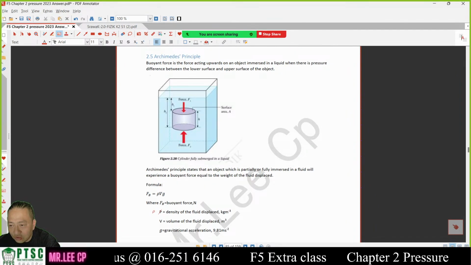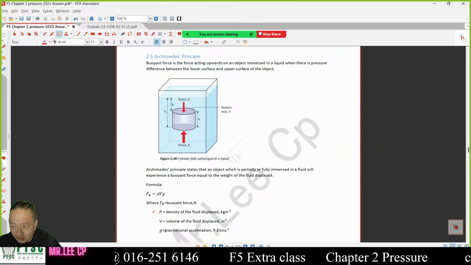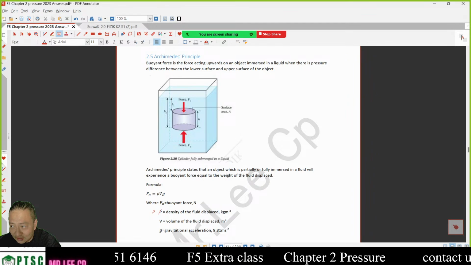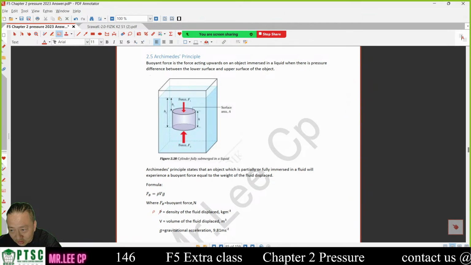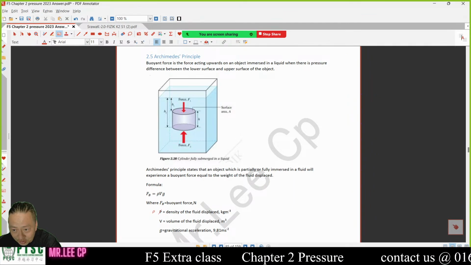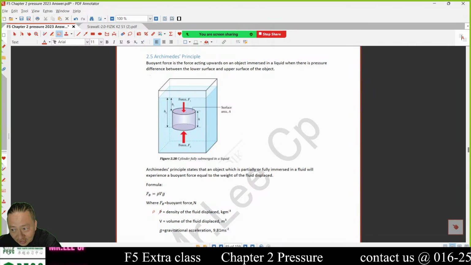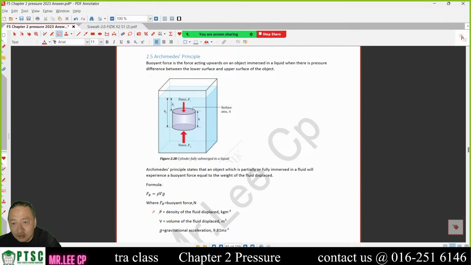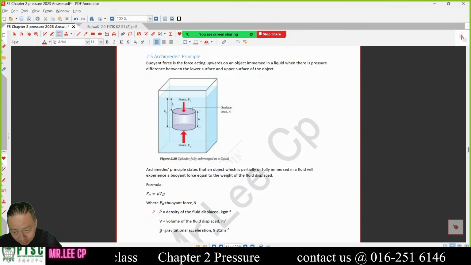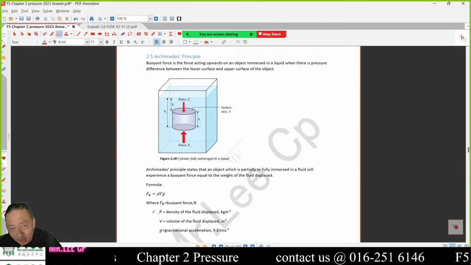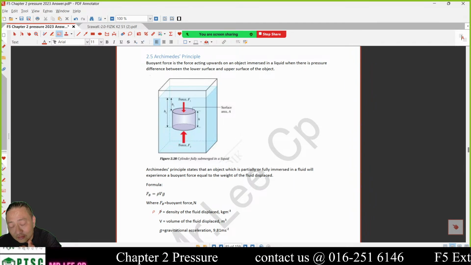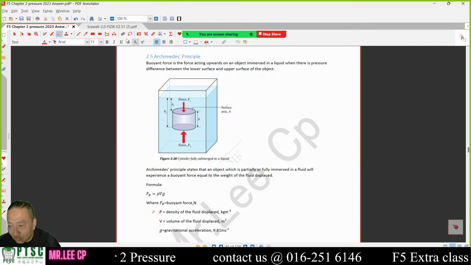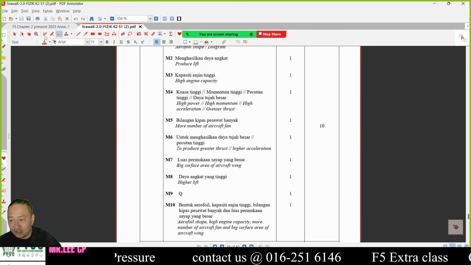Buoyant force is the force acting upward onto an object immersed in the liquid, where the pressure is different between the lower surface and upper surface of the object. Make sure you memorize it. If you cannot memorize it now, make sure you memorize it when near to the exam. A force acting upward onto the object that is immersed.